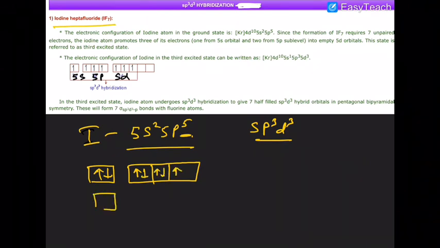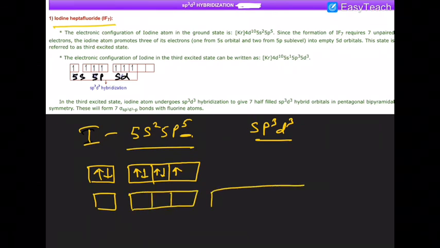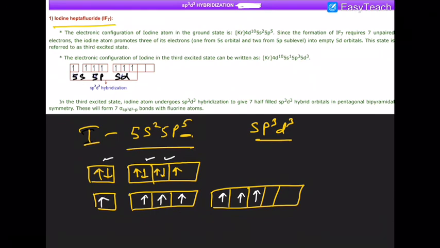Now the electrons from these positions 1, 2 and 3 will go to occupy the d level. And now you have 1, 2, 3, 4, 5, 6, 7, 7 orbitals containing singly occupied electrons.